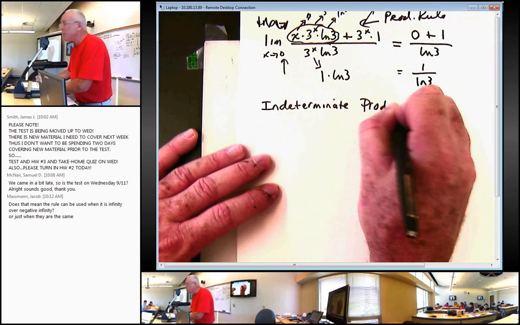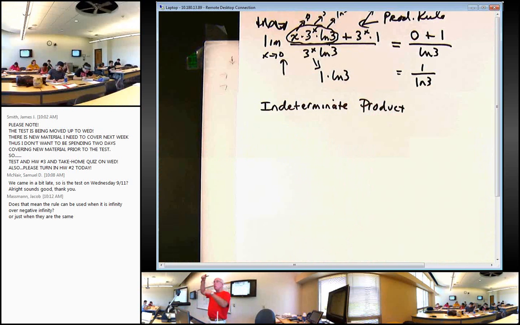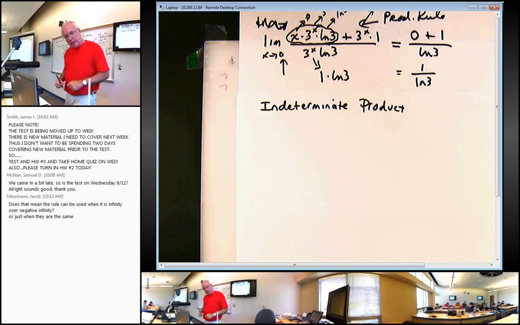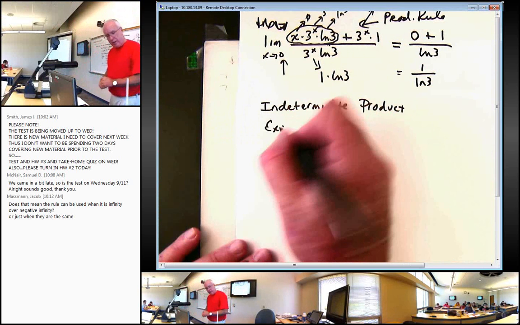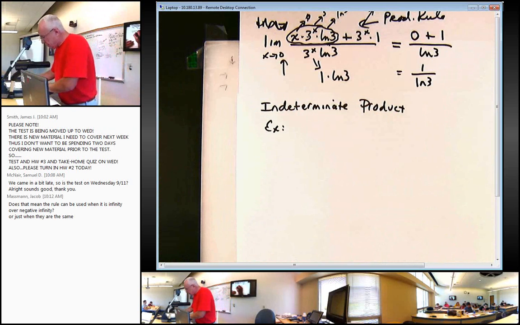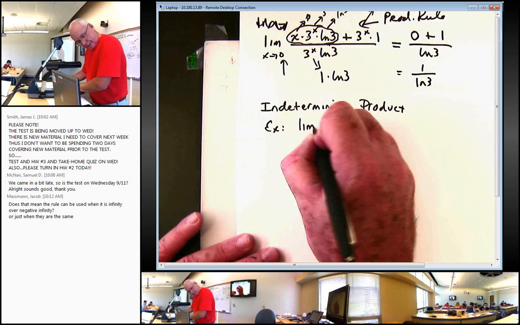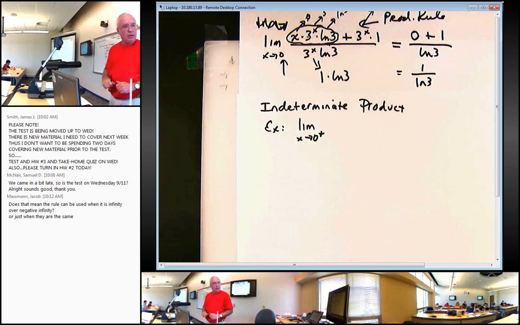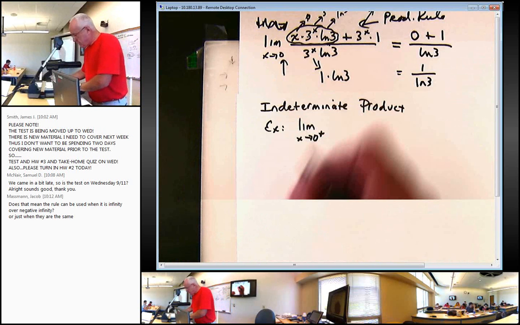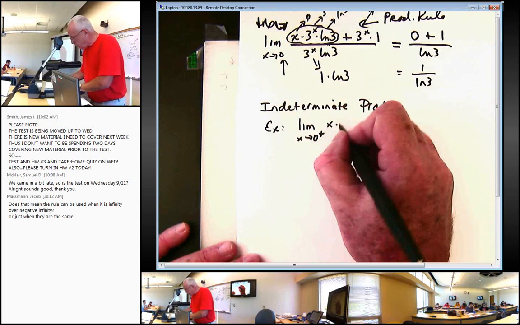Up to now, we've been looking at indeterminate quotients. Now we're going to look at products. So let's look at an example: the limit as x approaches 0 from the positive side of x times the natural log of x.